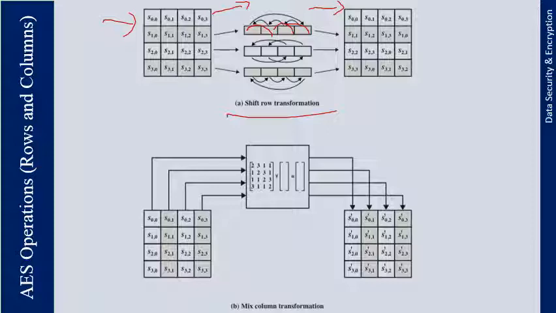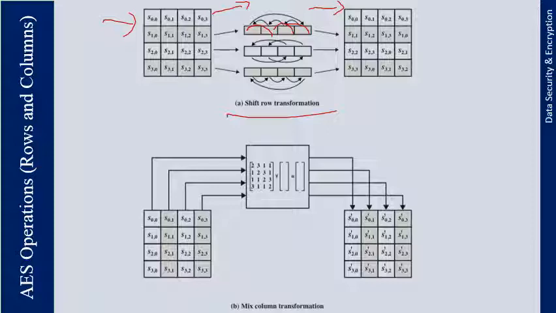The second part of the diagram shows the mix column transformation, and it is also done in two directions, in the forward direction for the encryption and in the reverse or inverse direction for the decryption. The forward mix column transformation is called MixColumns, and it operates on each column individually.